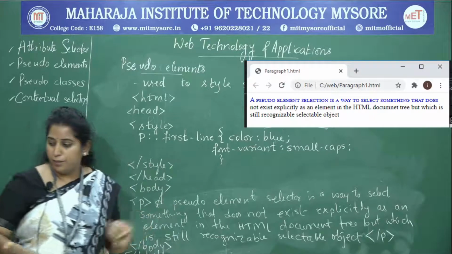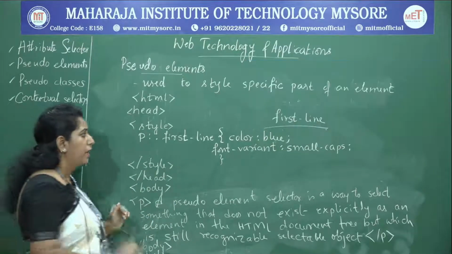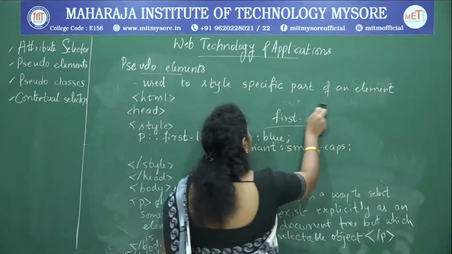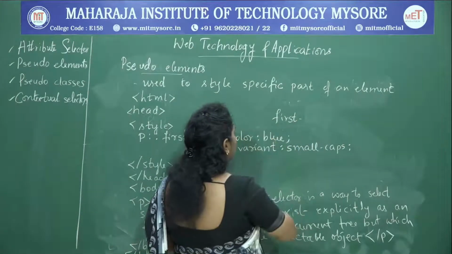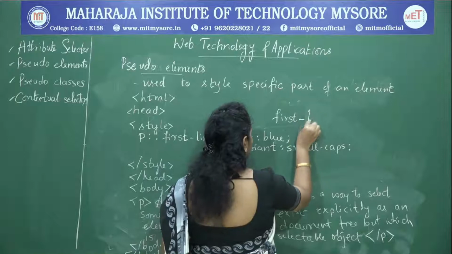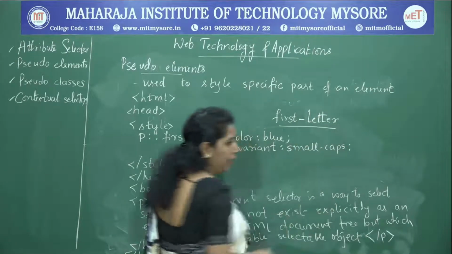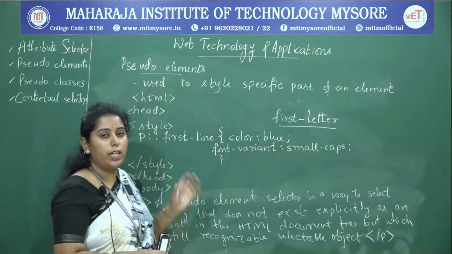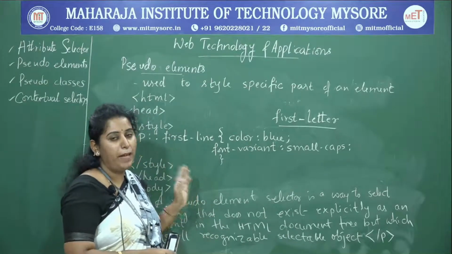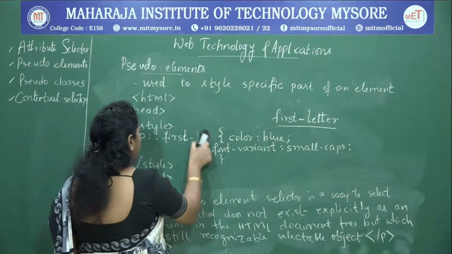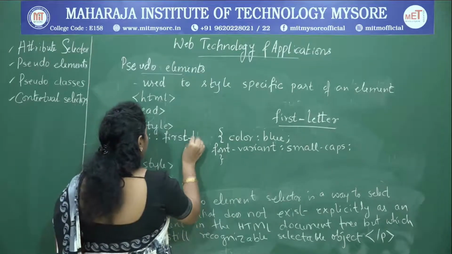Okay. So next, for the same example, I am going to introduce the next type of pseudo element, that is first letter. It means you are going to style the first letter in the paragraph. So here I have to change the element to first letter.